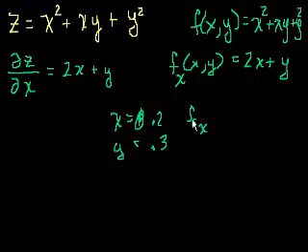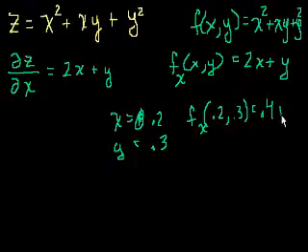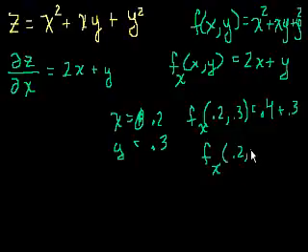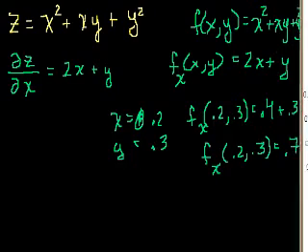The partial derivative of f with respect to x at the point 0.2, 0.3 is equal to 2 times x, so it's 0.4, plus y, plus 0.3. So the slope of this function with respect to x at the point 0.2, 0.3 is equal to 0.7. Let's see if we can visualize that.